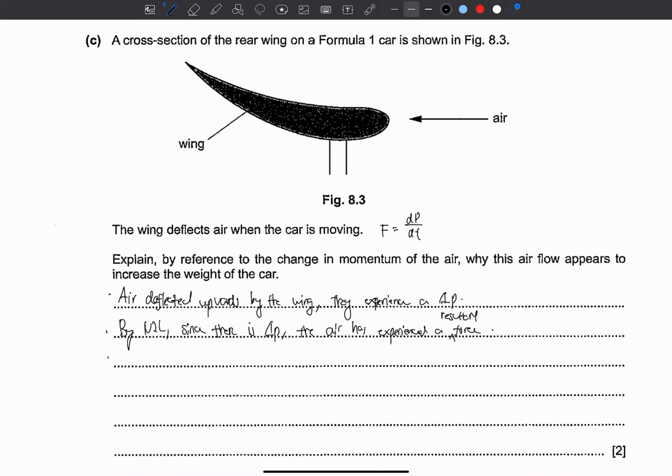And now, since we know that there is a force acting on the air that's causing it to deflect upwards, it also tells us that there is an equal and opposite force acting downwards. So by Newton's third law, the air exerts an equal and opposite force on the wing.